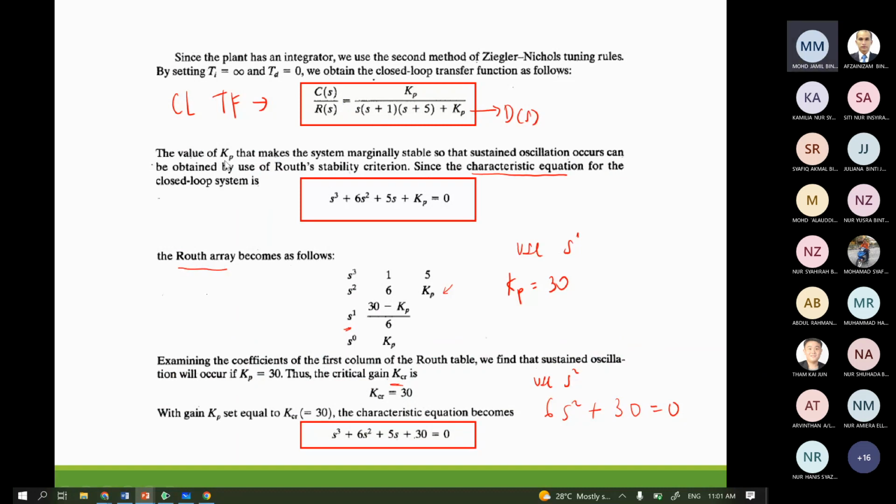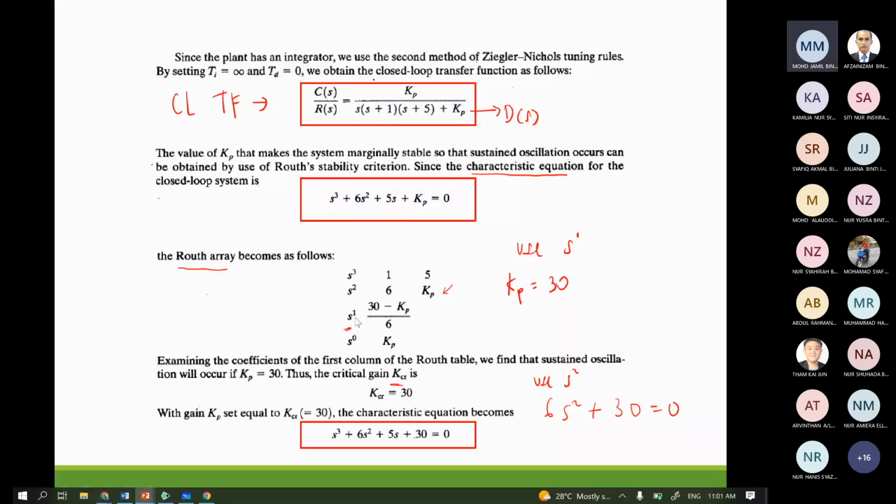Then you need to determine the value of Kp that makes the system marginally stable, using the Routh stability criterion. You take the denominator, expand and rewrite it as a complete polynomial, then create the Routh-Hurwitz table.